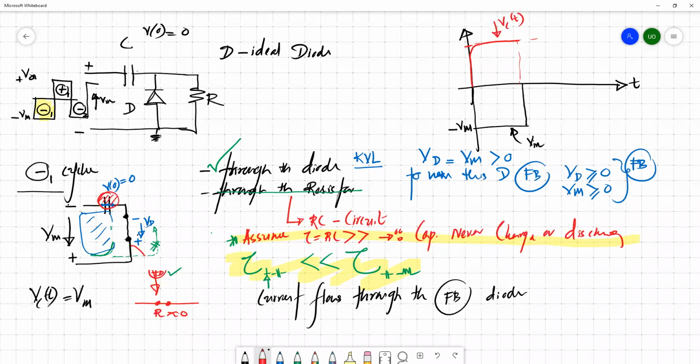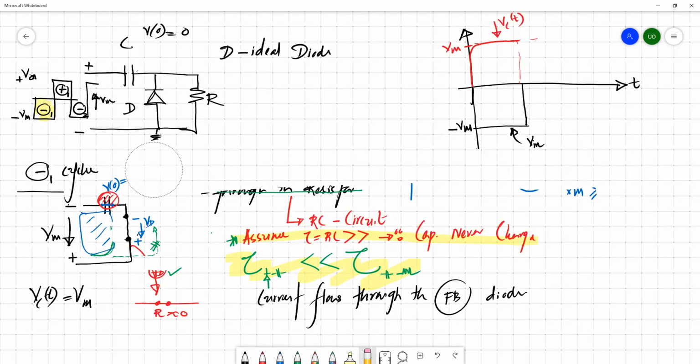Hope it's clear. It's immediately charged to its maximum Vm because the time constant is very small, because this diode is getting forward biased and introduces a zero resistive path. So the capacitor gets immediately charged to Vm during this negative cycle. Now see what happens for the positive cycle.